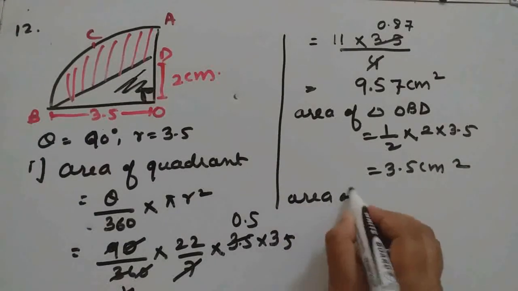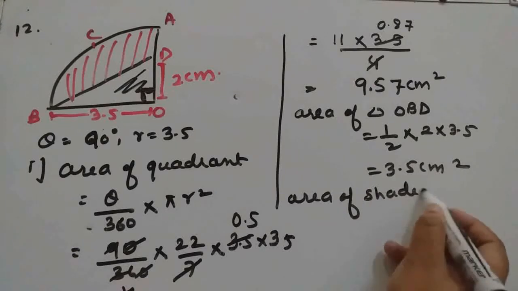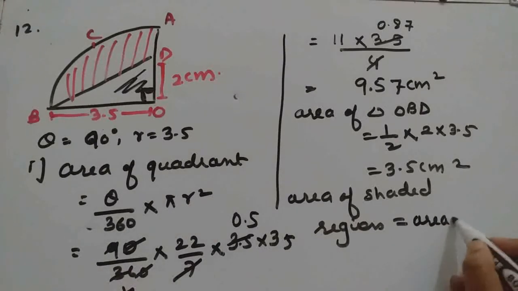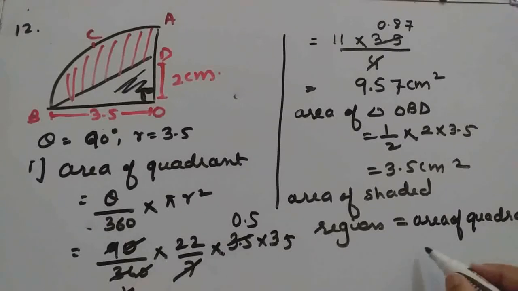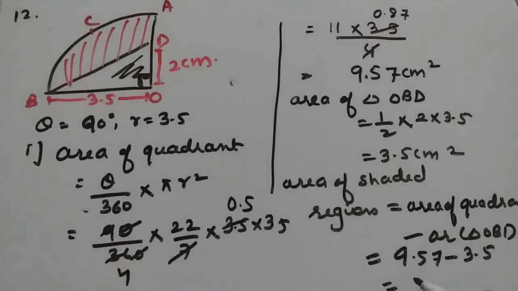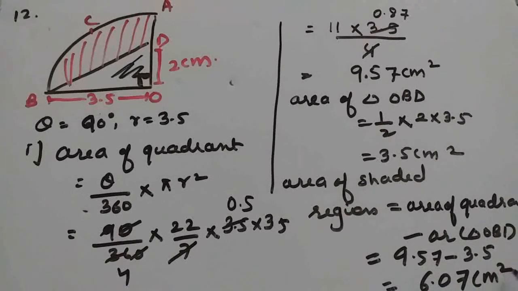So the area of the shaded region will be the area of the quadrant minus the area of triangle OBD, that is 9.57 minus 3.5. That will give 6.07 centimeter square.